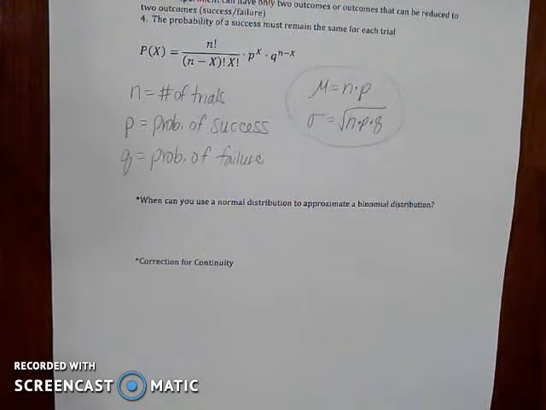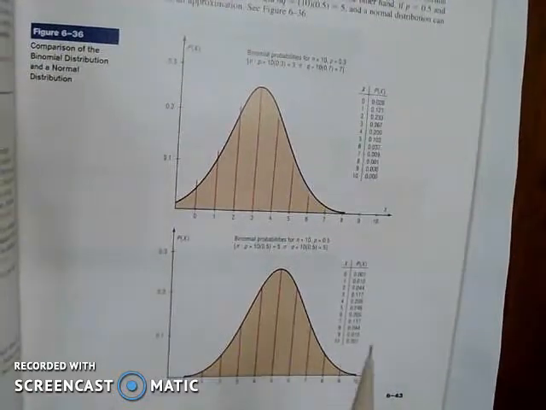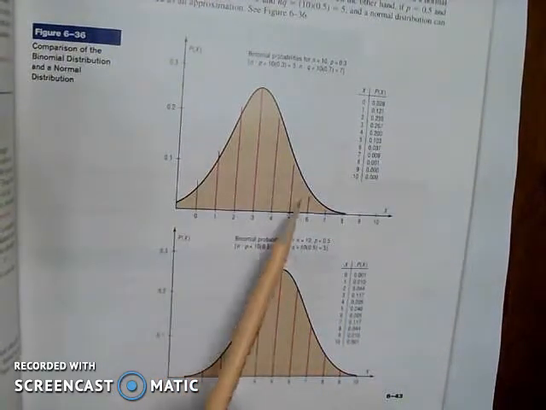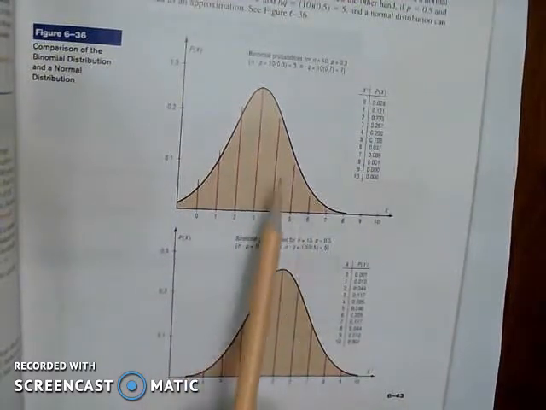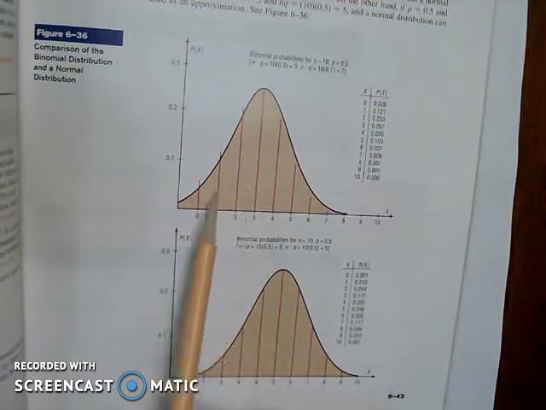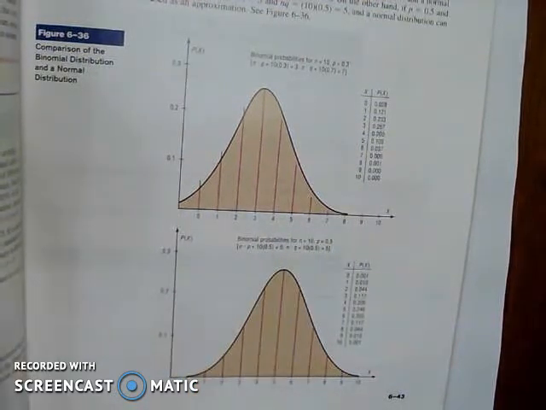What we have when we use the binomial distribution is different. If you remember back in chapter 5, making your probability graphs, we just drew lines straight up and down. There was no shading. So the normal distribution is representing a histogram where you shade in the boxes, but we need to use it for just lines.